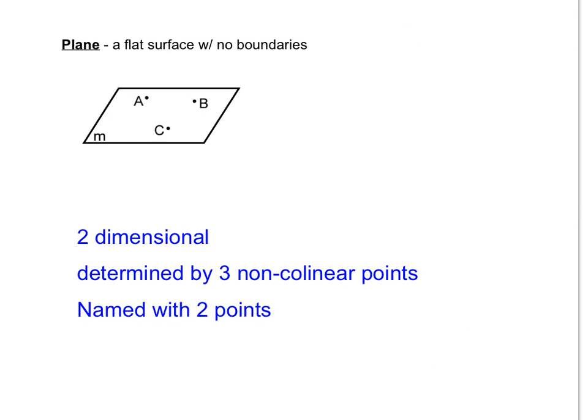Our next figure is a plane. A plane is a flat surface with no boundary, so it's an infinite flat surface that goes on forever on all sides. It is 2-dimensional. It is determined by 3 non-collinear points, meaning points that are not in a straight line. And we always name a plane with 3 points, because that's how we determine a plane.